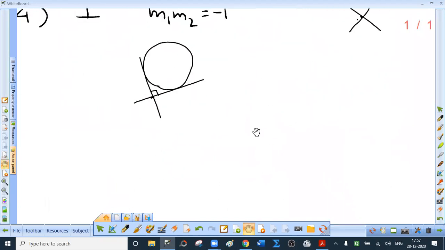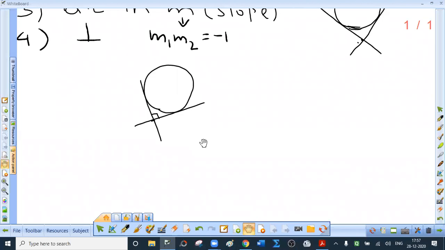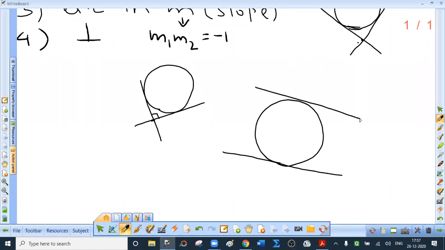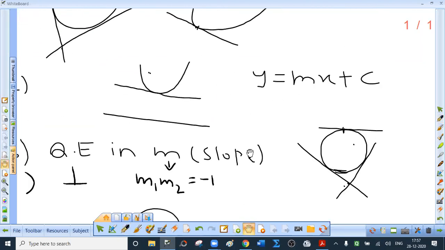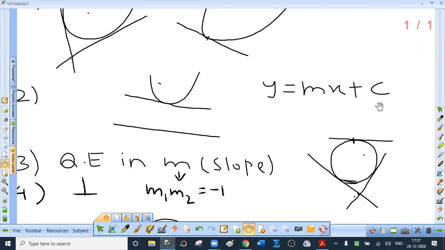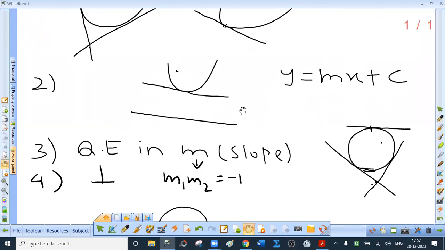Actually this diagram is not correct, because when I say the slope is the same, I must draw parallel tangents. For one value of m there are two tangents which can be drawn. Is that clear? So the restriction is on c, for which values of c the line with slope m will be tangent to the curve, that we discuss in the second part.